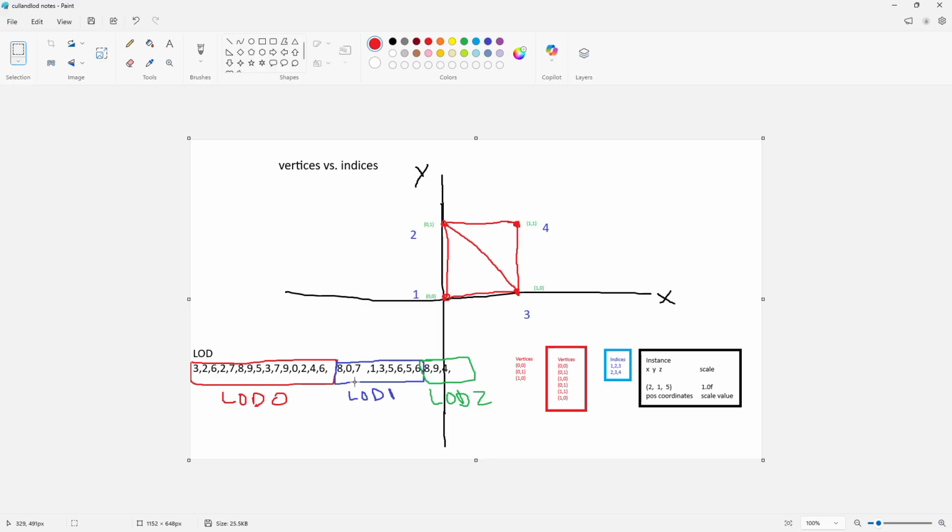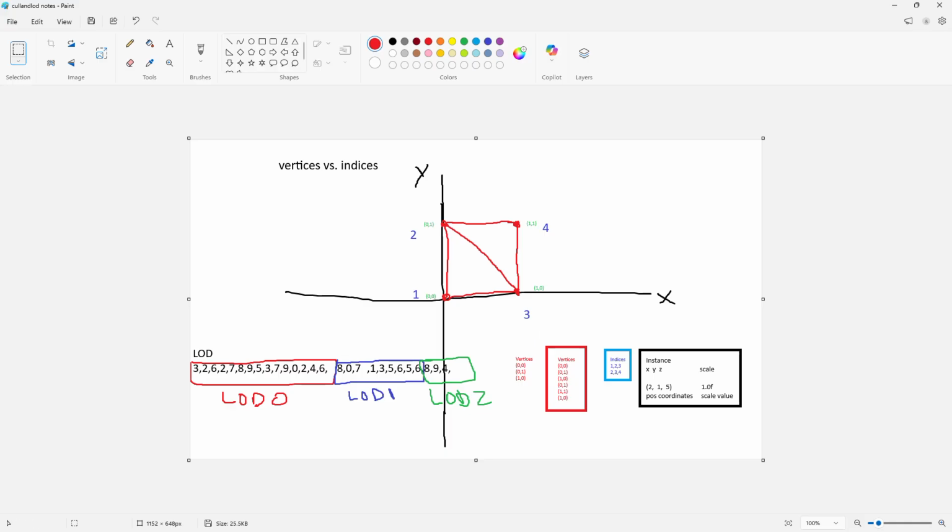But we use these indices, these numbers, to efficiently manage the data. For example, you see that the number 5 is used here, here, right? The number 3 is used here, and here, right? So repeating gets easier when you use the indices. So this is my attempt to understand vertices, indices, and instance data.